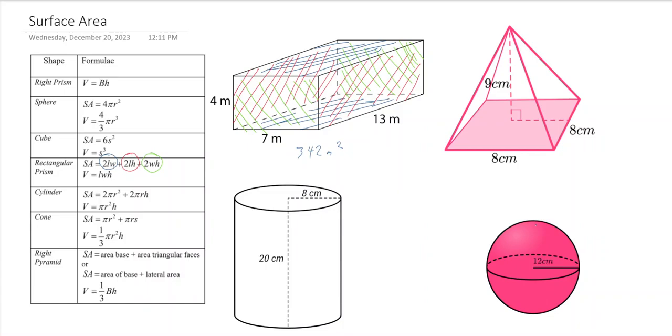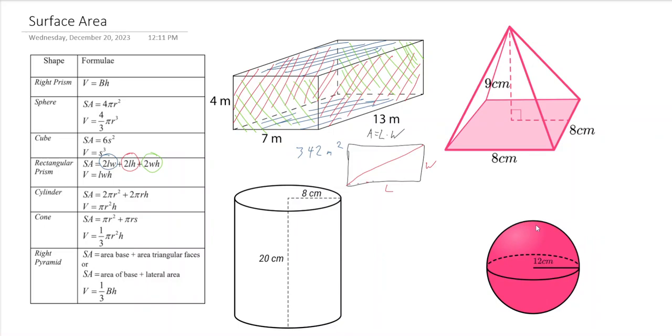Now there's a few other things you need to know about. If you remember the area of a rectangle, this is for the next one, the pyramid. If we know the area of a rectangle is length times width, well, what if we cut that rectangle in half? Now what we have is length and width, but it's half the area.